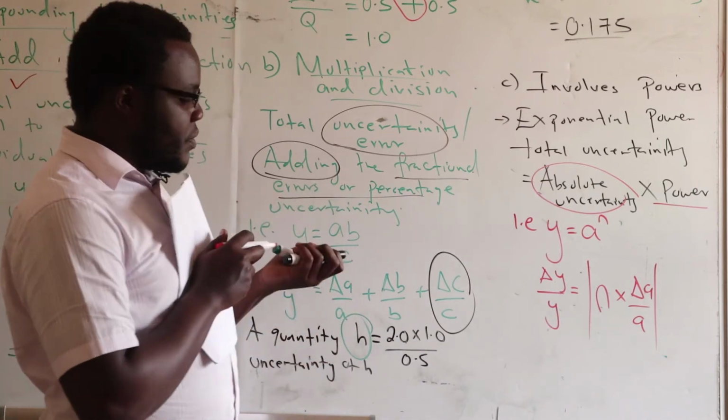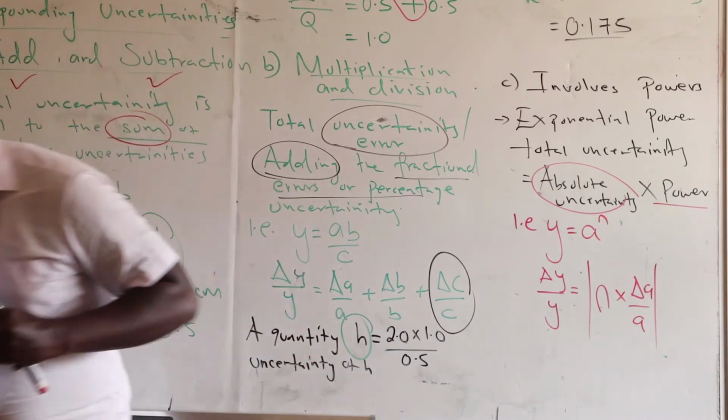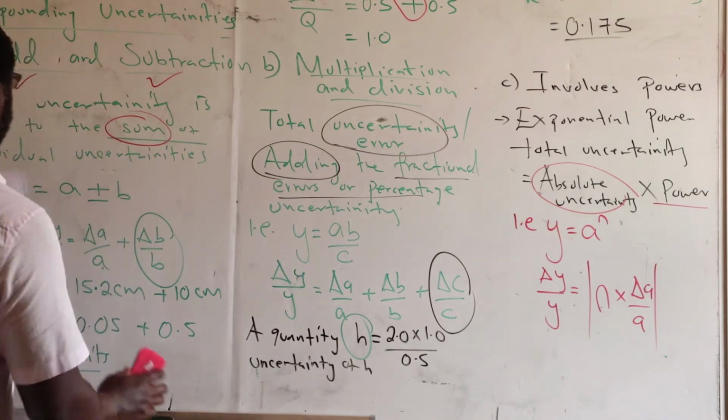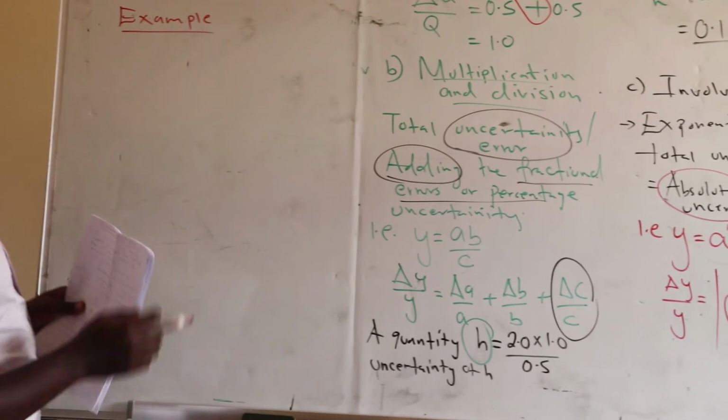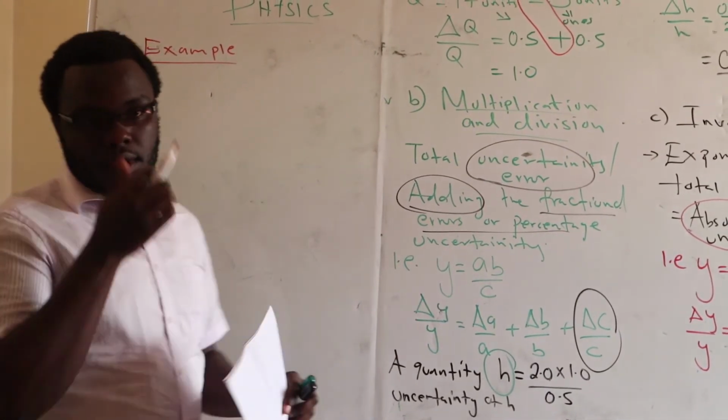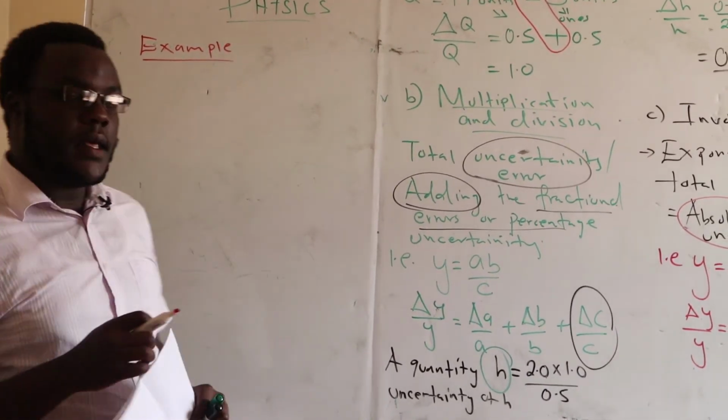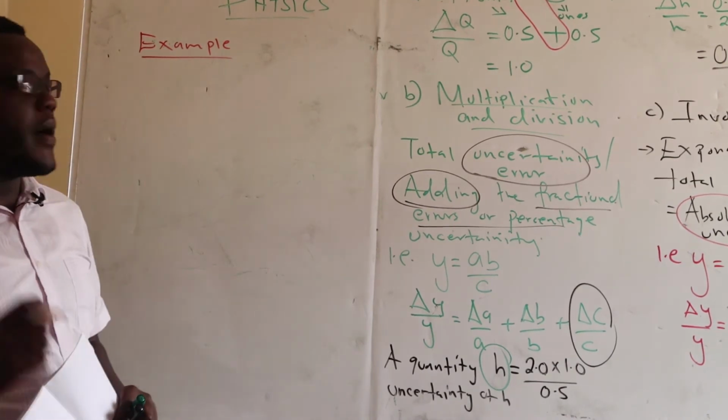Let me give an example on the same. Example 1, involving powers. We want to see what happens if a quantity is made up of a power.